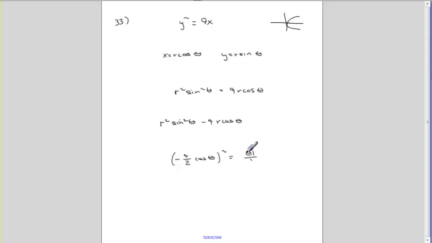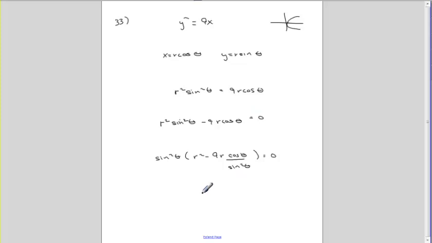So you would get 81/4 cosine squared theta. Except I can't do that. I've got to factor something out here. I need to get r by itself. So normally you'd factor that out. So you'd have sine squared theta times r squared minus 9r cosine of theta divided by sine squared of theta equals 0. So I can put 0 there.